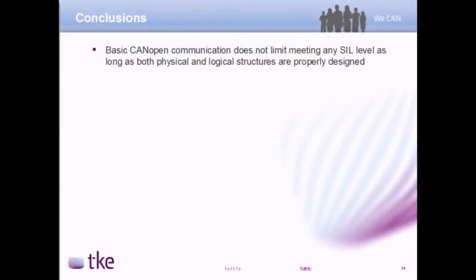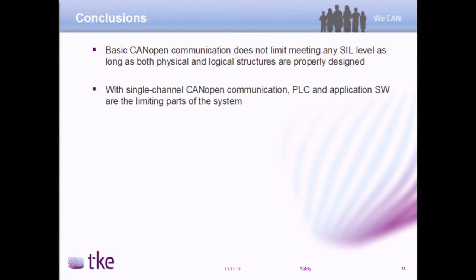And then a brief conclusion. Unlike common engineering understanding in the machinery industry, basic CANopen communication is not limiting the functional safety. With a single-channel system based on only CANopen, without any analog communication, the dominating safety constraints are in the application software, compilers, and software process, not in the communication.